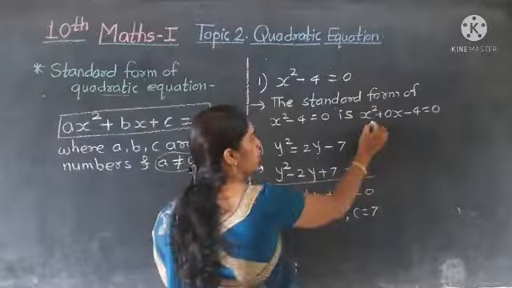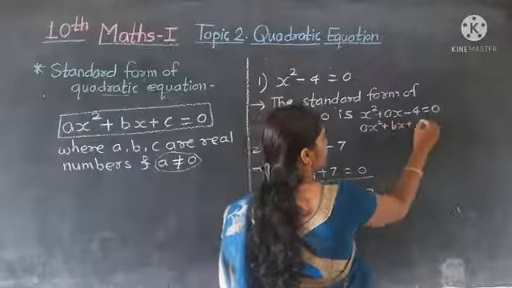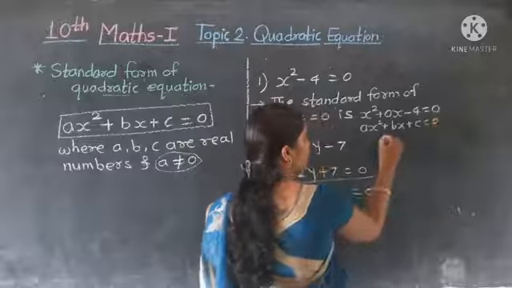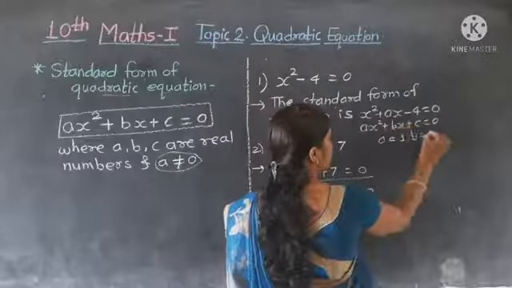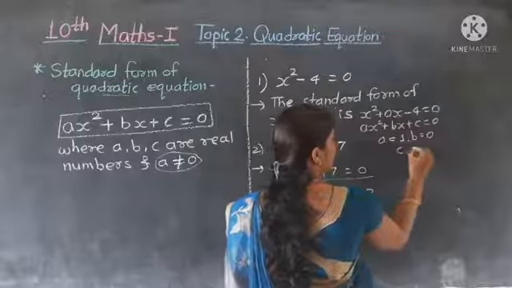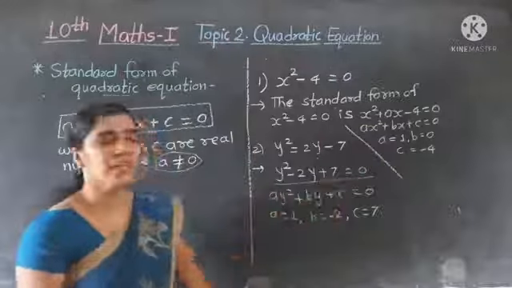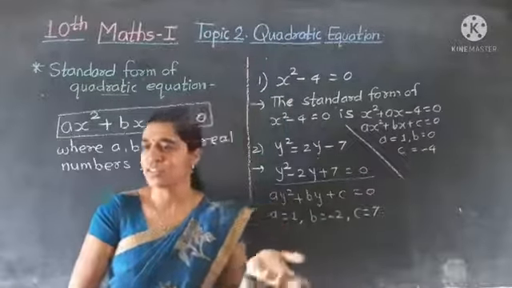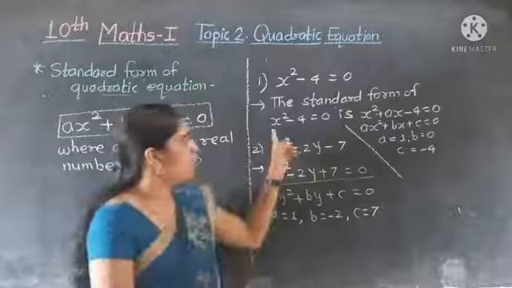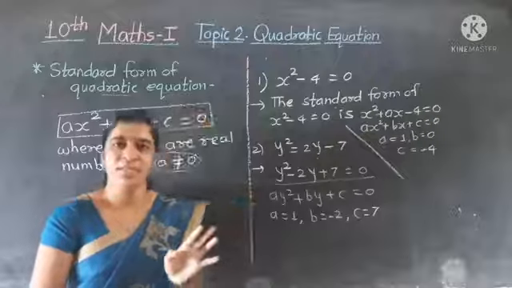Similarly here, if we compare this with ax square plus bx plus c is equal to 0, we get a is equal to 1, b is equal to 0 and c is equal to minus 4. In this way, from the given equation, you can first write it in standard form, and from the standard form you can find the values of a, b, c.